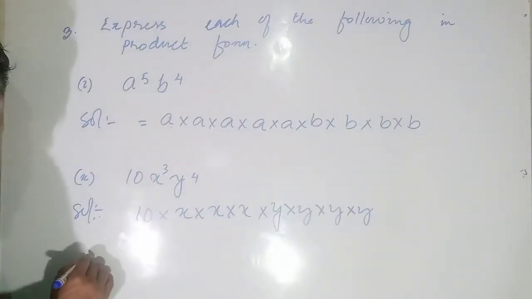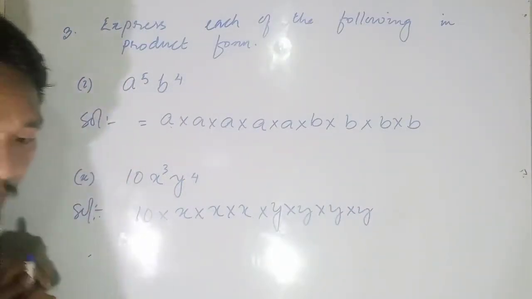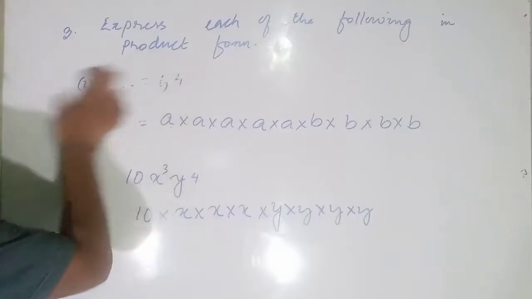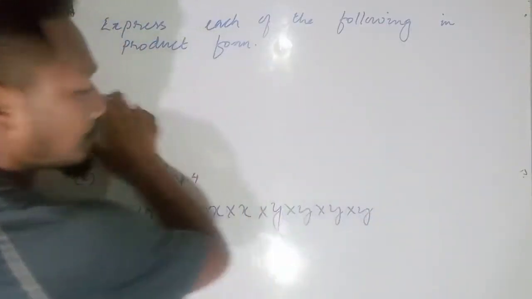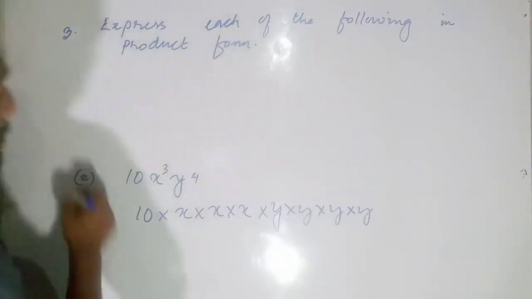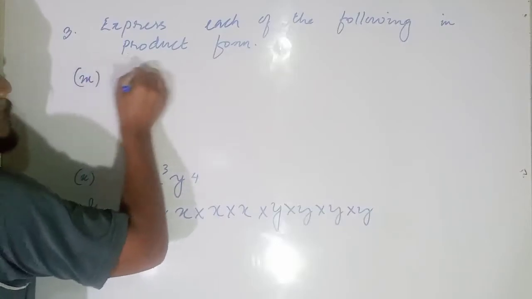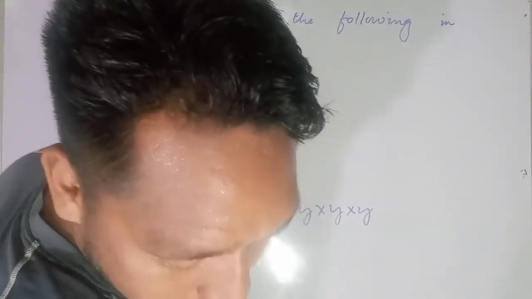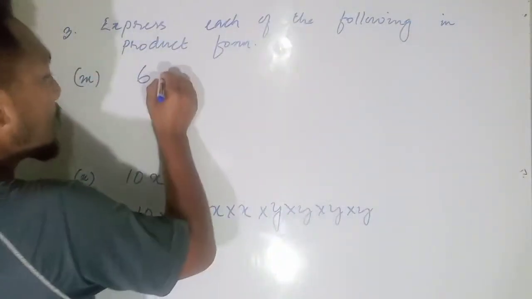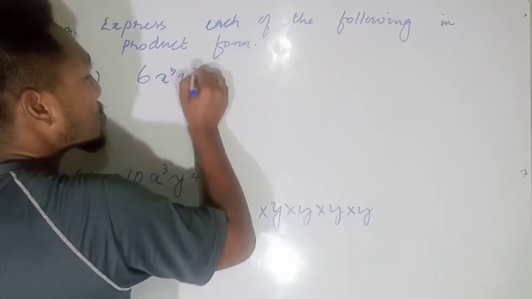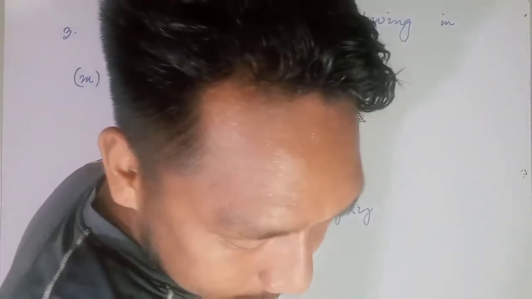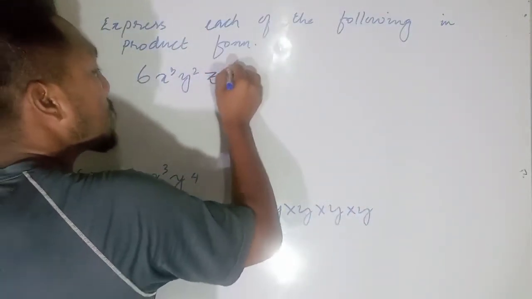One more, question number 3: 6x cubed y squared z to the power 5. So what is it?